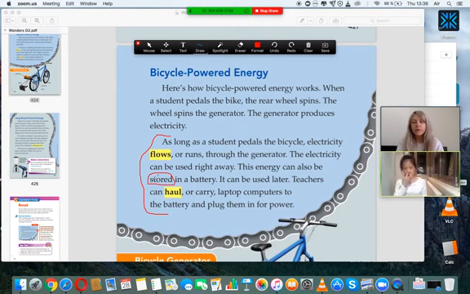So, do you understand the meaning of the word stored? Try to explain me, please. Put something in it. Can you give me an example?